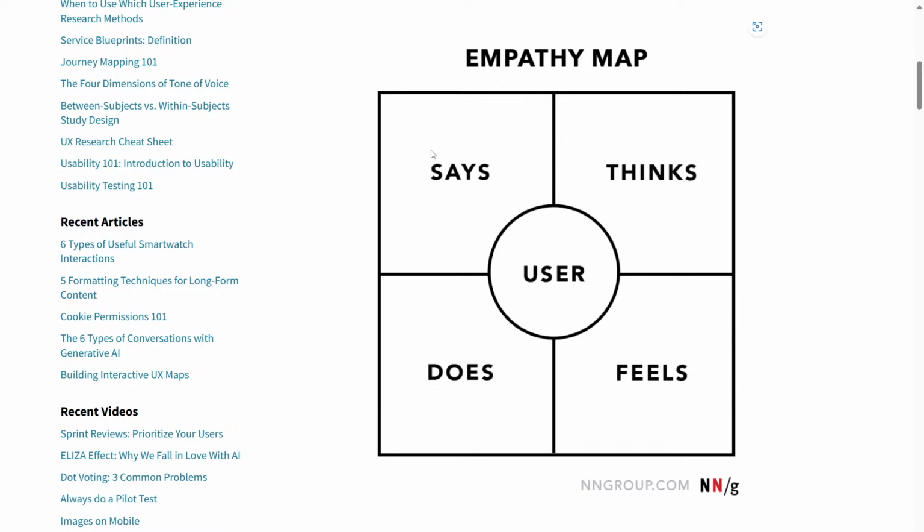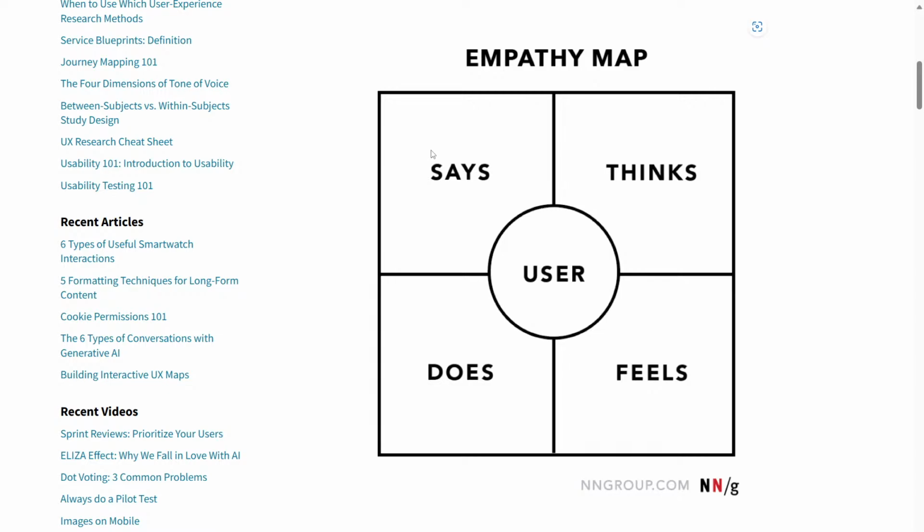The thinking is, you know, are there better websites I can go to? Is this reliable? Will it give me the right information? How will it know my location? How will I know it's safe? Other thoughts. Then you've got does. So it could be clicks around, logs in, refreshes the page a few times, anything that they do while they're on there.